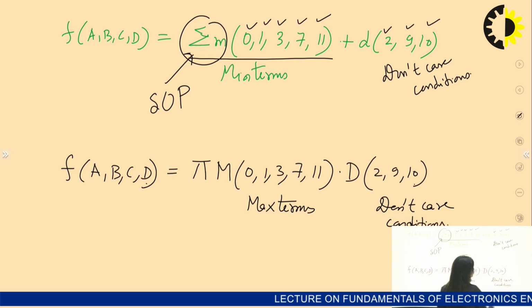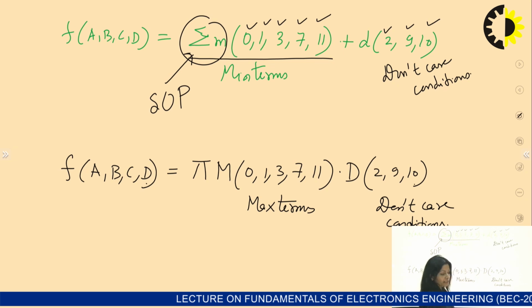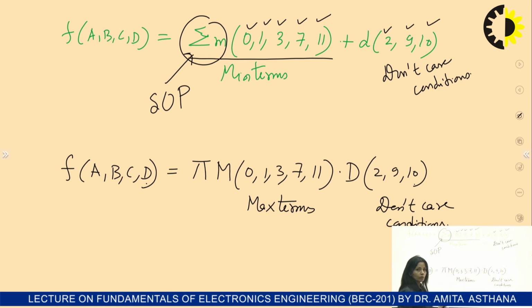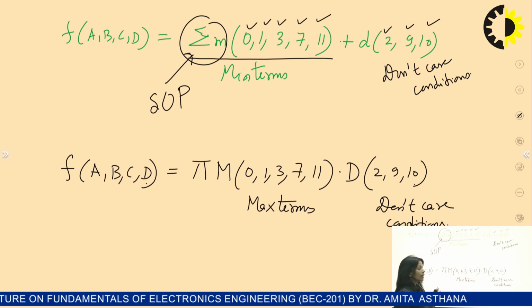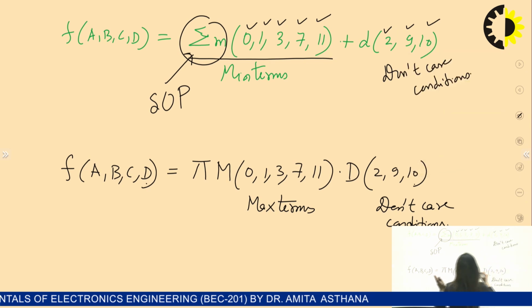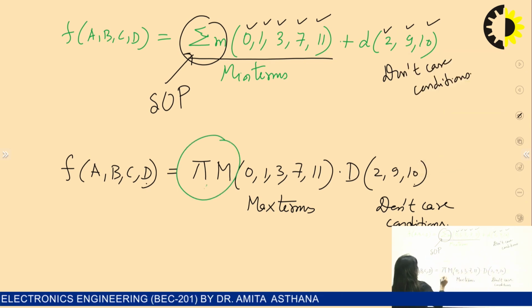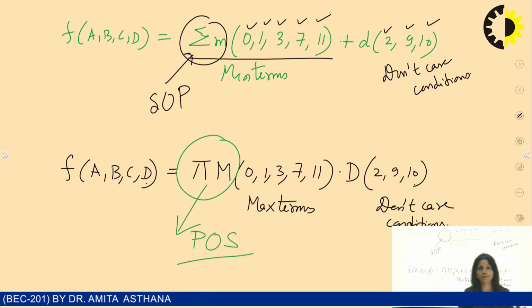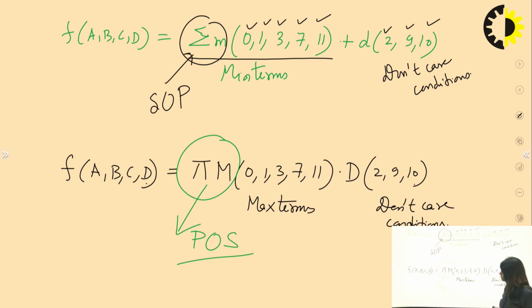So these don't care conditions are not necessary to be given in the problem. If it is not given, then this term would not be there in your problem. And now this is clearly indicative: if it is written by M, that means the problem is from POS, product of sum. The problem is from POS, right?